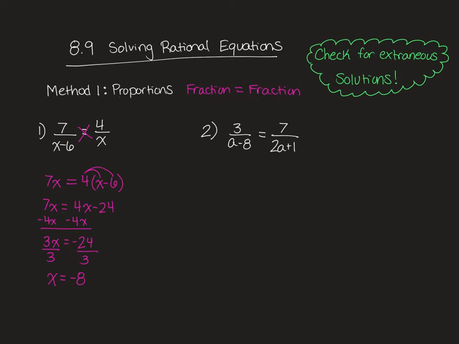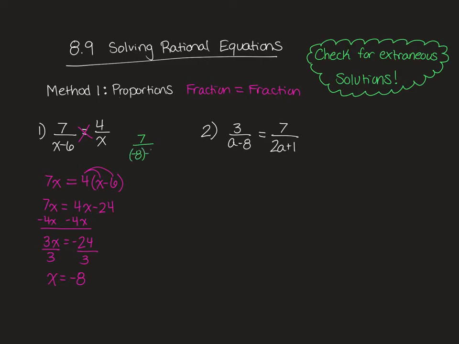So you always want to check for extraneous solutions. Extraneous solutions are just extra solutions. Okay, so double check your work. Plug your solution back into the original equation and make sure that it works. So for example, we can plug in negative 8.